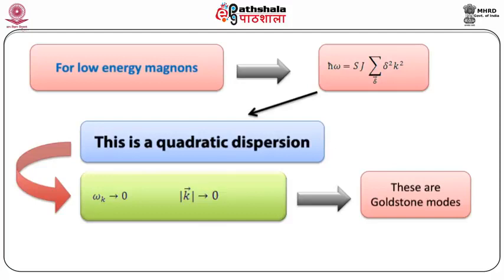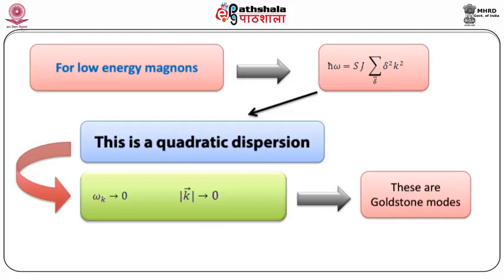magnons, the frequency can be rewritten approximately as h cross omega is equal to S J summation over delta square k square. So, look at this expression. This is a quadratic dispersion specifically only for this low energy. And also note that as mod of k goes to 0, omega_k goes to 0.